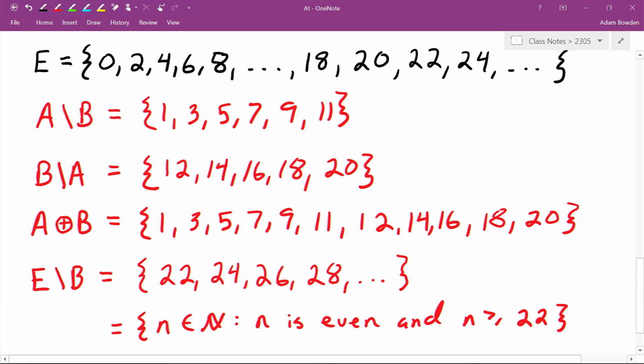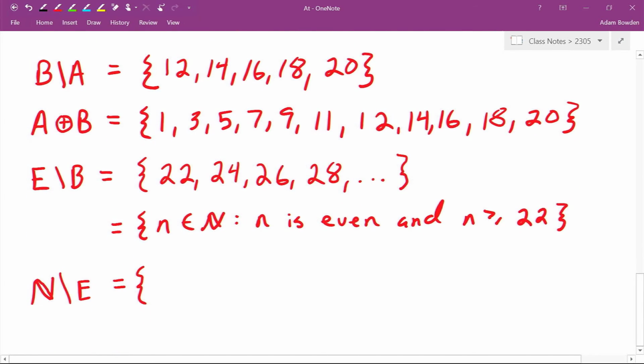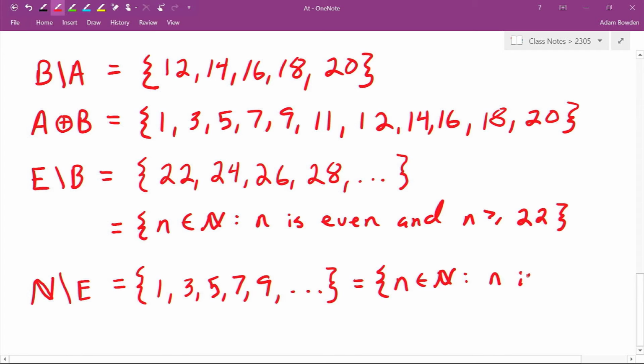If we complement that, we're going to take away all the even numbers, which would leave us with just the odd numbers. So natural numbers complement with E would be the set containing 1, 3, 5, 7, 9, and it would just keep going from there. Or in other words, it would be the set of all n in the natural number set such that n is odd.